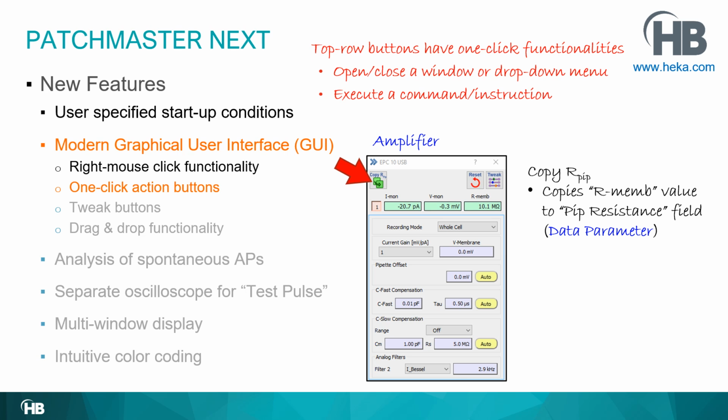The data parameter window is a window that carries all the metadata that are being automatically saved to the recorded data. And the pip resistance is, of course, one of those values that is important to report when you want to submit a paper. So pressing this button will copy the Rmemp field, or the value of the Rmemp field, to the pip resistance field.